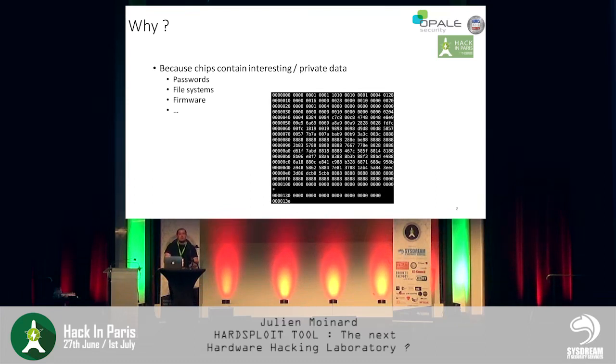Most of the time you have a password, file systems without any encryption, and firmware. More generally, the main purpose is to extract firmware inside a microcontroller or external memory. Sometimes it's not exactly a firmware: you can have a custom protocol and raw data stored inside external memories. You need to reverse this. We do that just after.